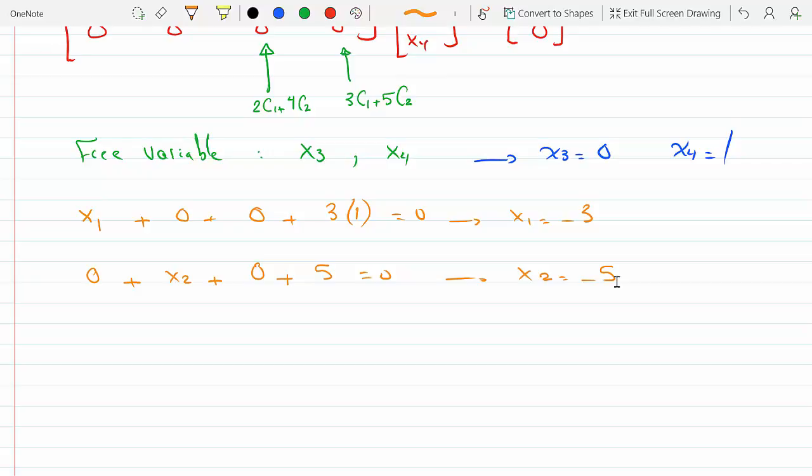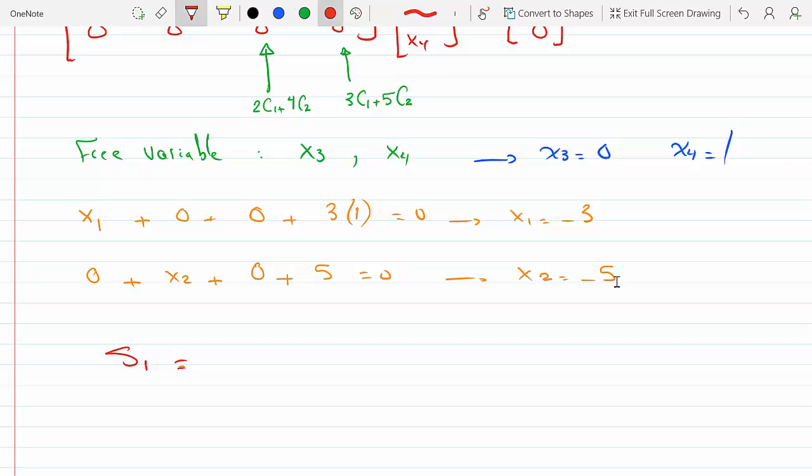So that means one of the solutions, S1, is x1, x2, x3, x4. I shouldn't call it x1 because I called that x1. Let me call it solution 1.